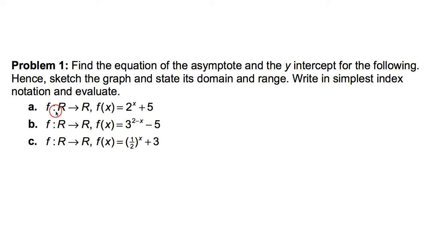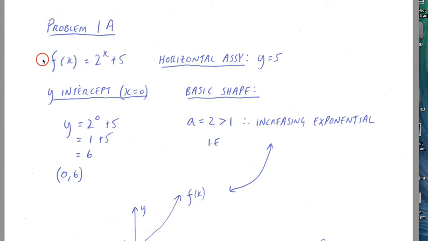The domain can be any element of the real set of numbers. The range, the y values, can be anything that this rule here produces. So f of x equaling 2 to the power of x plus 5. Here is the rule that's been stated. The horizontal asymptote will be y equaling 5.